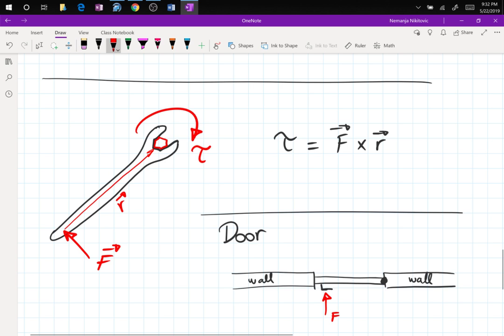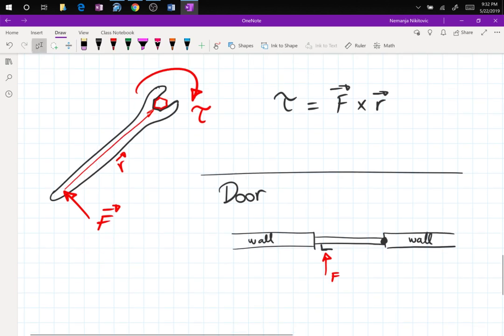This is again top view. As you apply the force on the handle, the door swings open. Now, how many times have you pushed on the wrong side of the door, right?